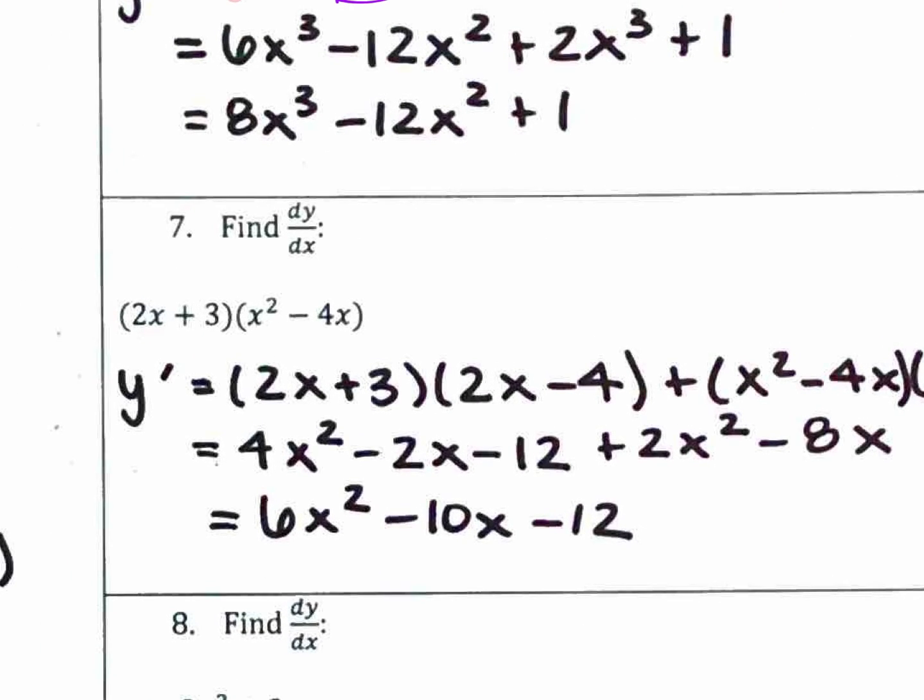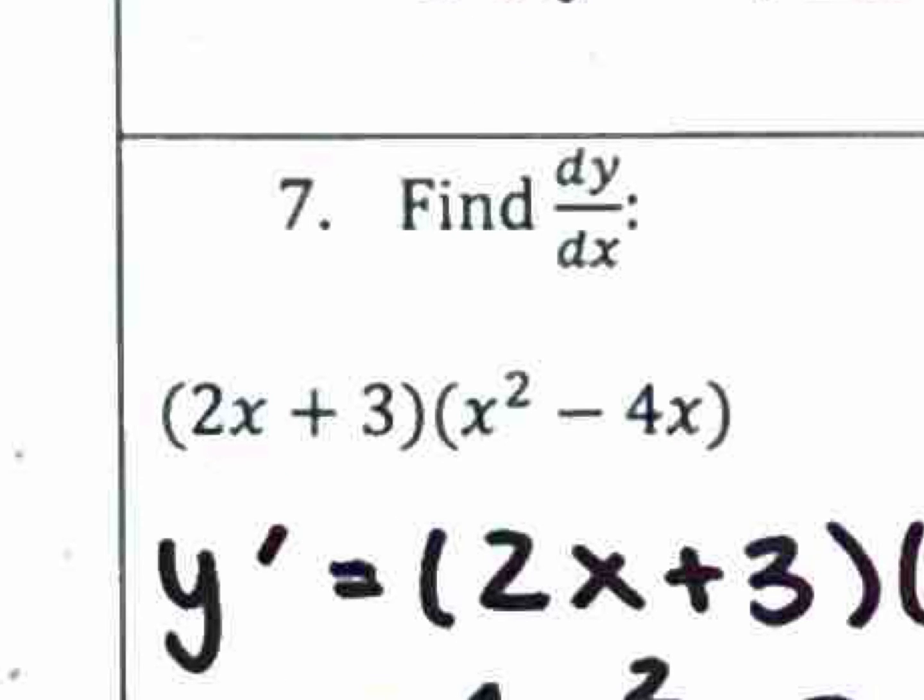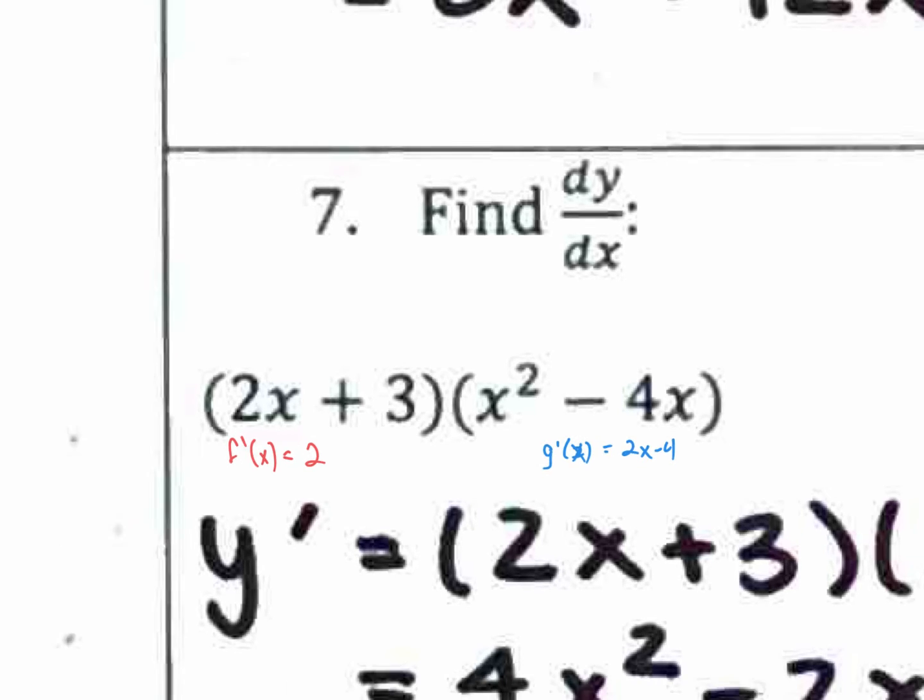We want to find the derivative of this product. So if I wanted the derivative function, if I say this is f of x, the derivative here is just going to be 2. On this g function, the derivative, there it is, words are hard, is 2x minus 4. So we're going to see those values pop up.